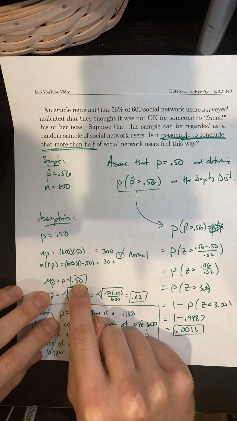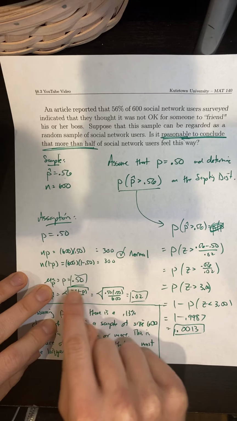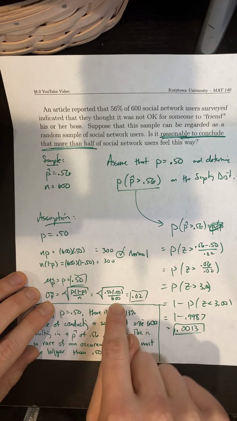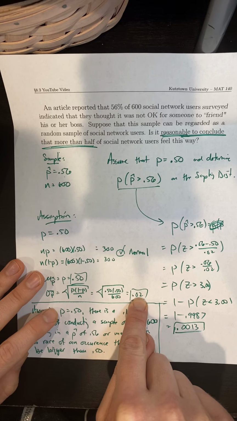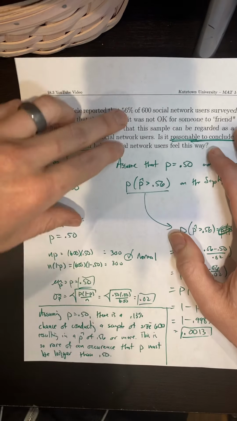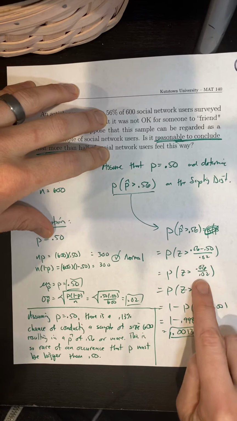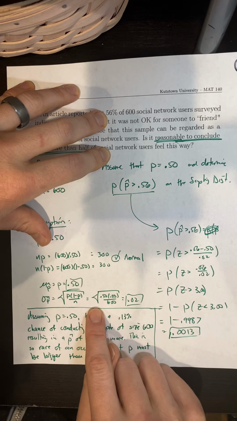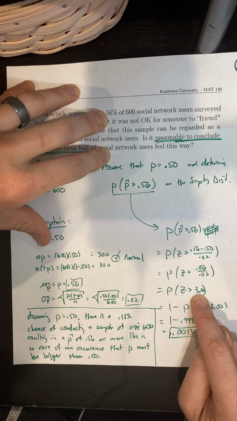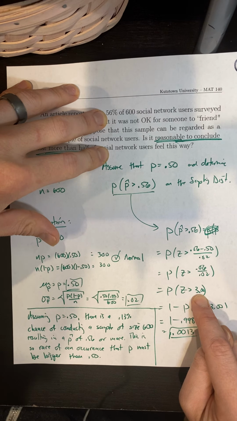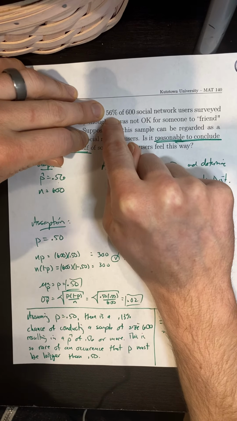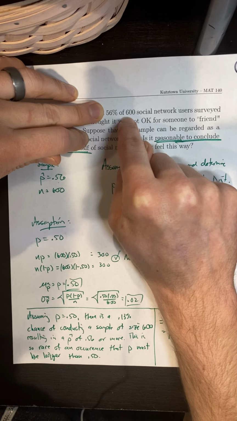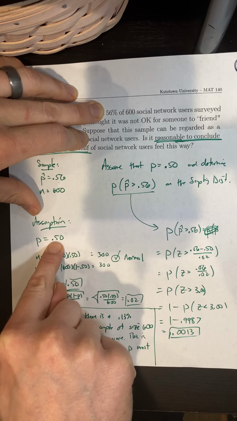So under the assumption that it's 50, I know the mean, and I can figure out the standard deviation using the sample size. It's only a 2% standard deviation, correct? With that, I take 56%, I find its z-score under this hypothetical curve, and I find that it's 3 deviations above the mean, which is super rare. So it's super rare that I would have gotten 56% out of my sample if this were true.